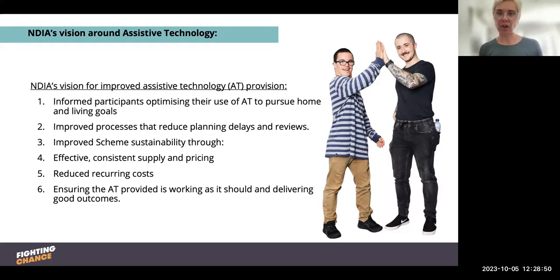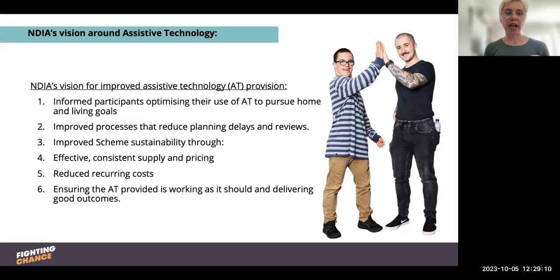So you don't have to go through getting the AT assessment and quote, sending it to the agency, and by the time the agency get around to it, the quote's expired and you have to get another one, and it just goes around and around like that. And so that's really awesome that they are reducing those delays and working on ways to do that.